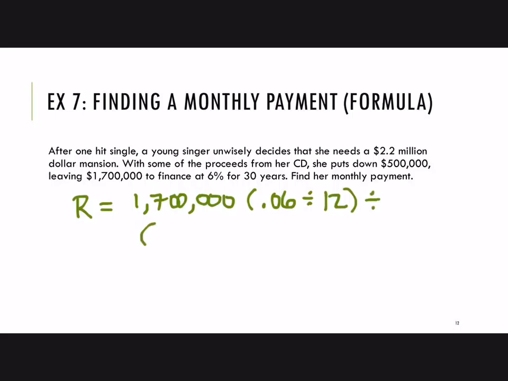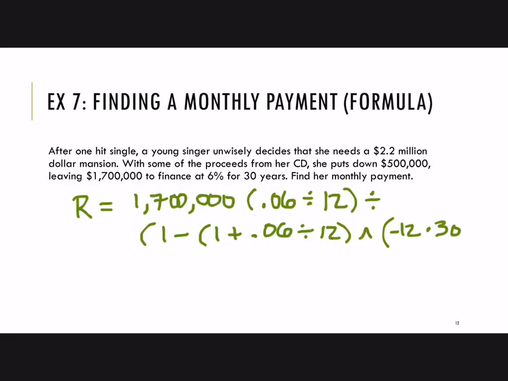Put a parentheses around the whole denominator, then 1 minus, parentheses, 1 plus the rate, 0.06, divided by 12, close parentheses, and then whatever your exponent key is, either a caret or y to the x or a to the b. Then parentheses for the exponent, then negative 12 times 30.